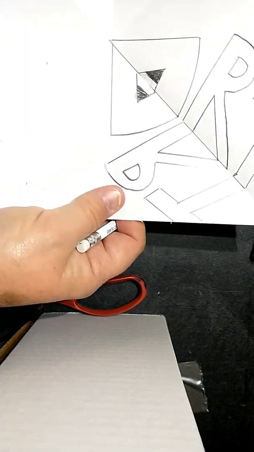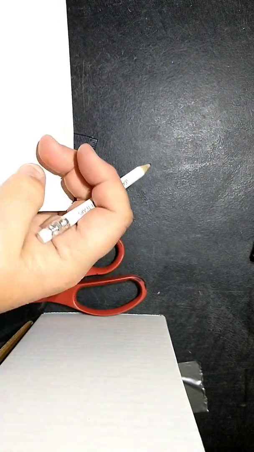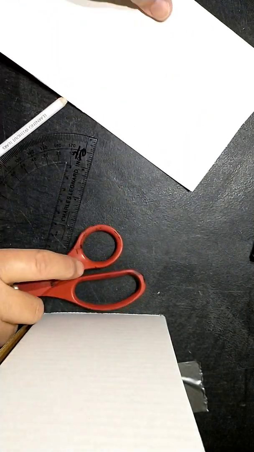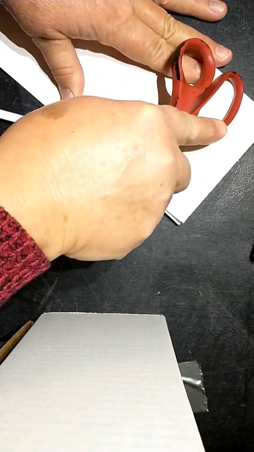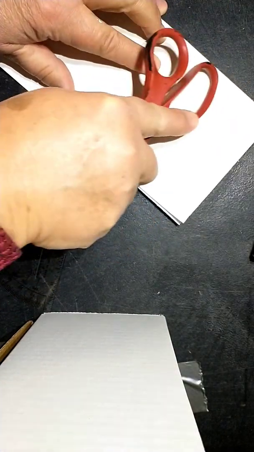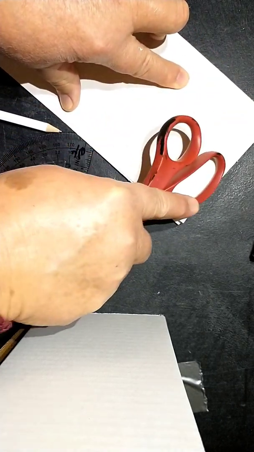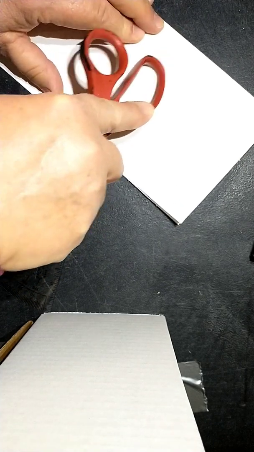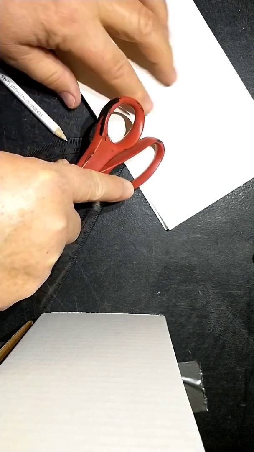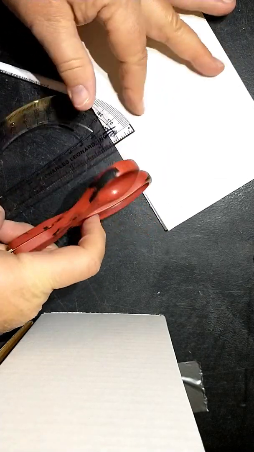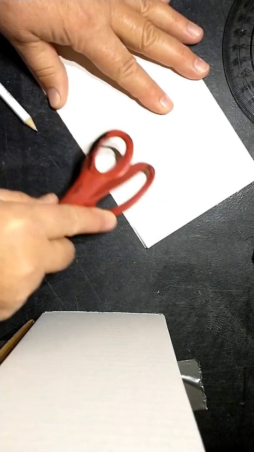So now I'm going to fold over in half so that I can do two sections at one time. And again, I'm going to rub it with the scissors. You can do this with me if you've got your letters already drawn. Try to get the whole thing.